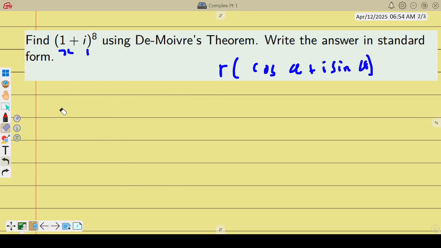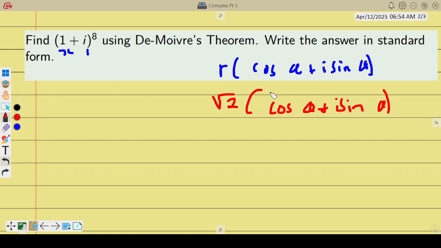Our r is root 2. So for this complex number, we have already written the form: r is root 2, cos theta plus i sine theta.